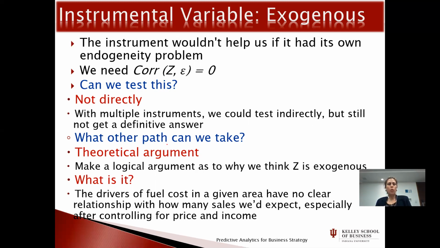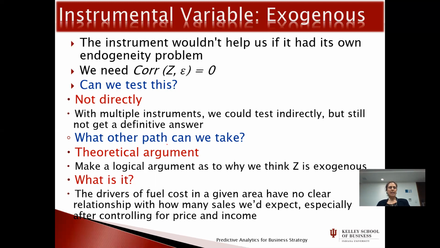So if fuel cost is a good candidate, for it to be exogenous, when fuel costs go up, prices are going to go up, but this is not going to affect sales beyond the effect of prices or beyond any other controls that you controlled for.